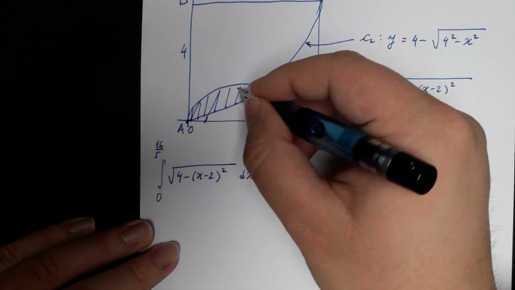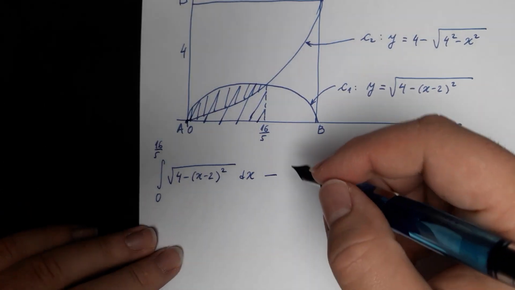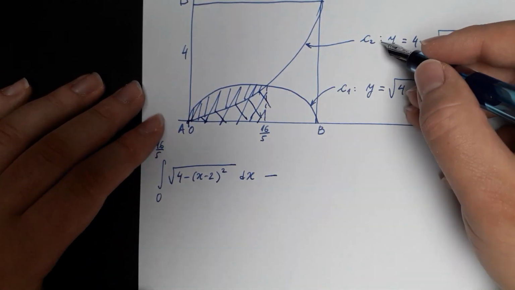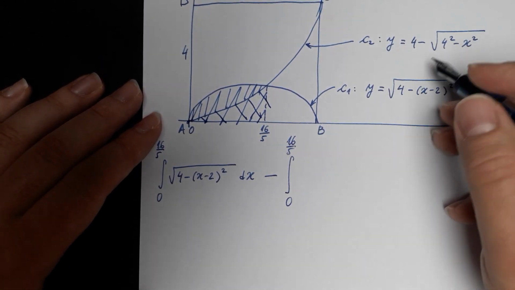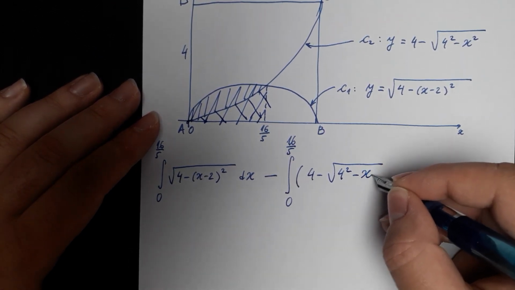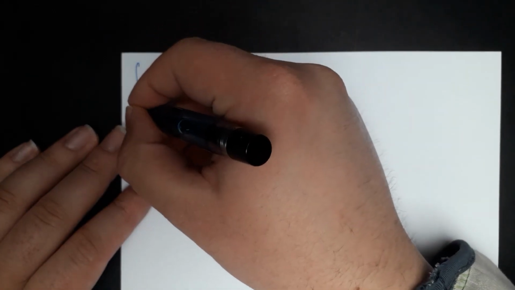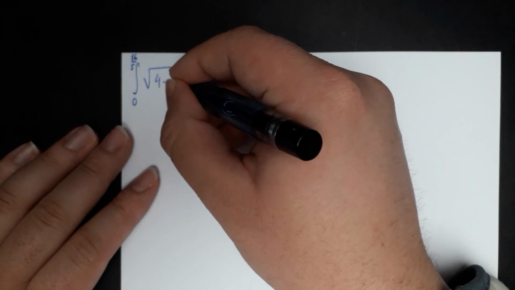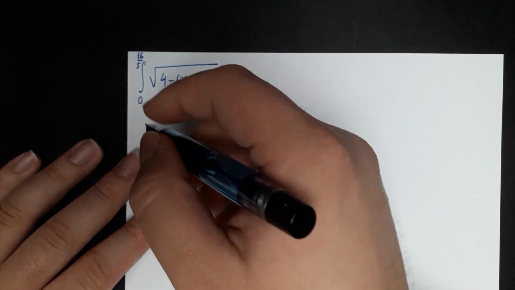And from that area, which is basically this area right here, we are going to exclude the area of this lower part, which has a boundary of C2, so that makes it an integral from 0 to 16 over 5 of 4 minus the square root of 4 squared minus x squared dx.